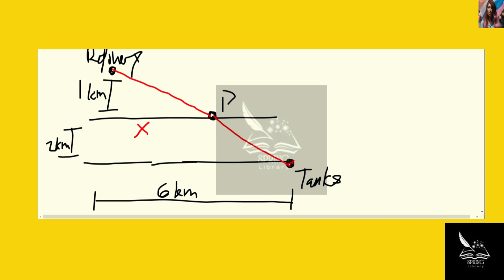So this length here is x, and therefore this length here on the other side is 6 minus x.